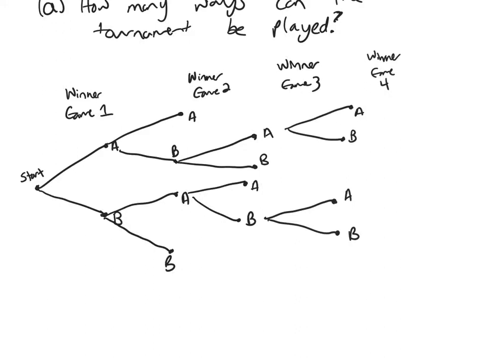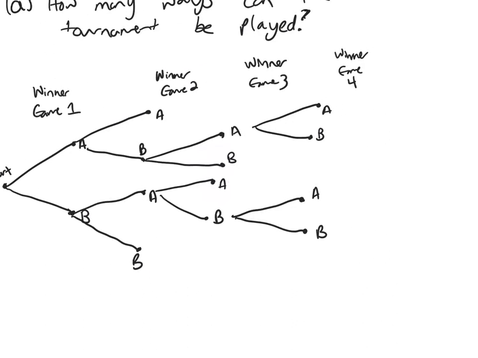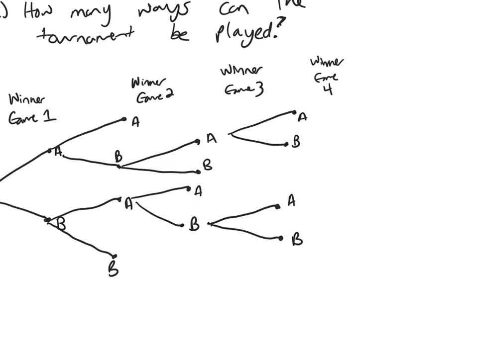So let's look at these game 4s here. Along here, A won game 3 and game 4, so the tournament would be over. A would win. If I look here, nobody's won twice in a row, and nobody's won 3 games.